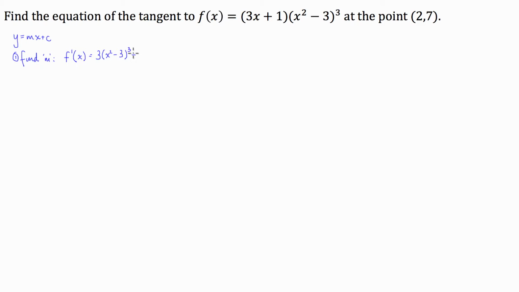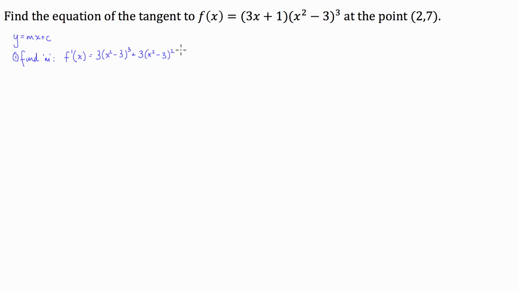And we're going to add that to the first function multiplied by the derivative of the second function. For the derivative of the second function, we take the 3 out and use the chain rule. So we go 3 times the inside, (x squared minus 3), with the power dropped by 1 to 2.